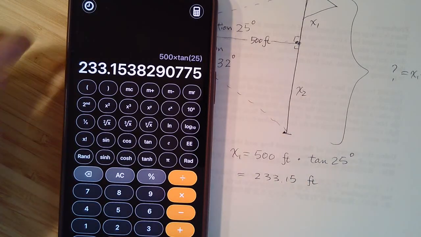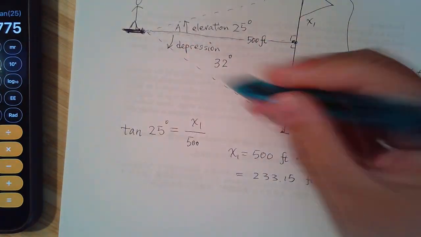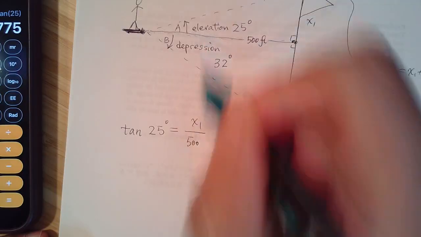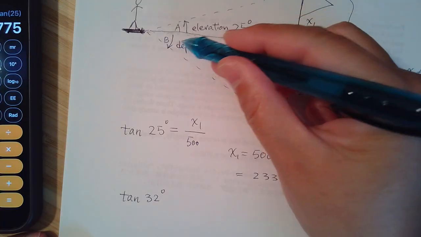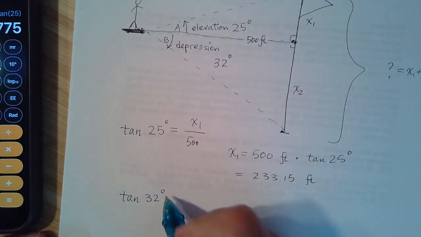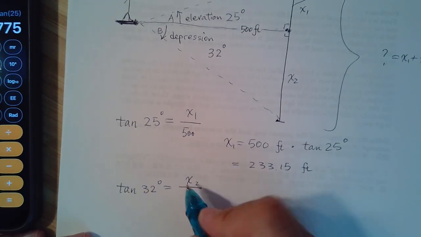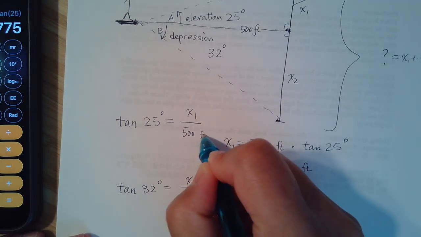Okay. And then let's look at the bottom here. It's a right triangle, and I call this B maybe. Okay. So my tangent of 32 degree is going to be the opposite, which is x2 over 500 feet.